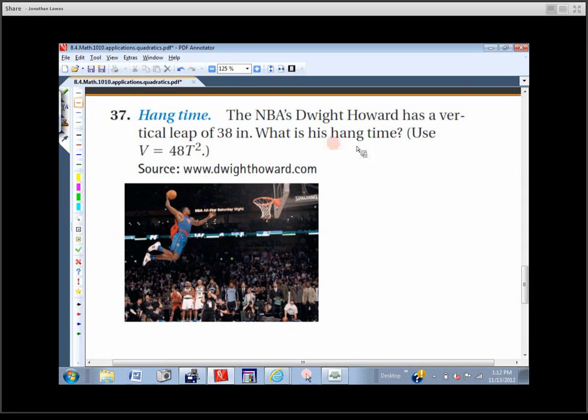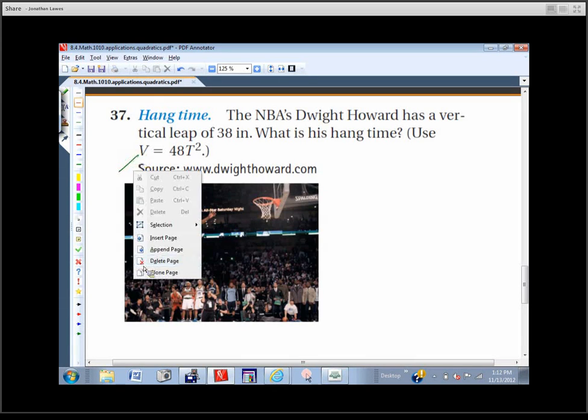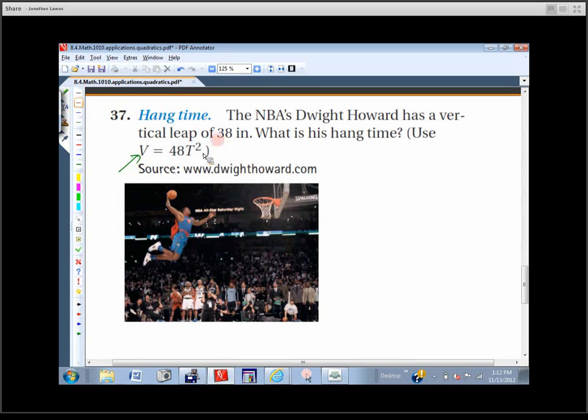So V stands for the vertical leap, and T of course stands for time. That's going to be time, and this is the vertical. So we're going to do 38 equals 48 T squared, divided by 48. So we get 38 over 48.